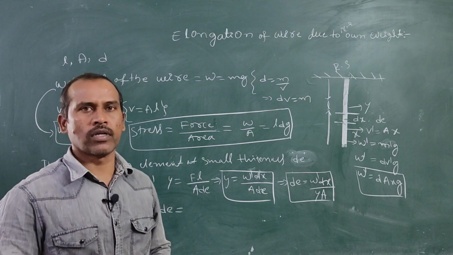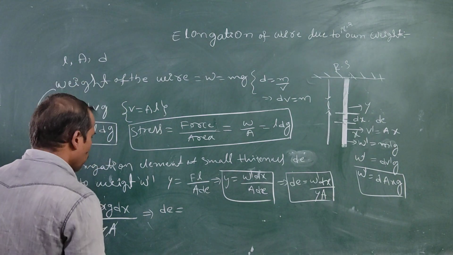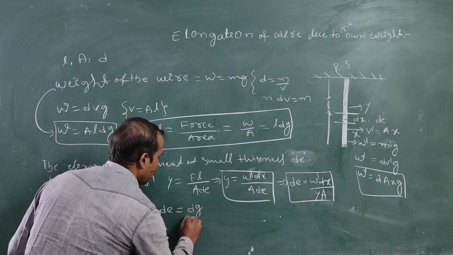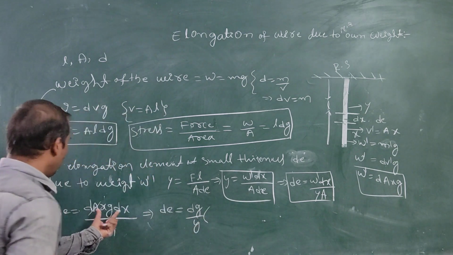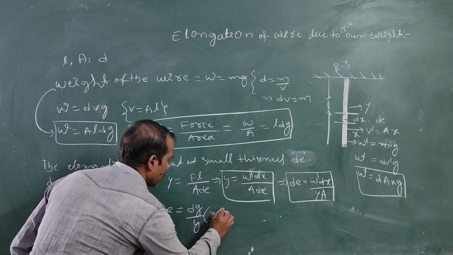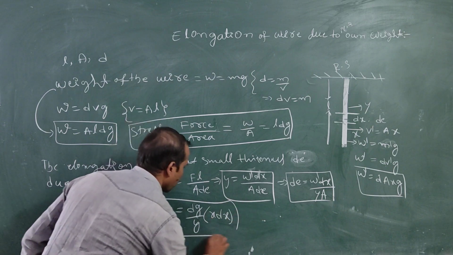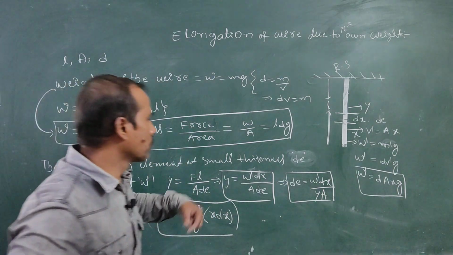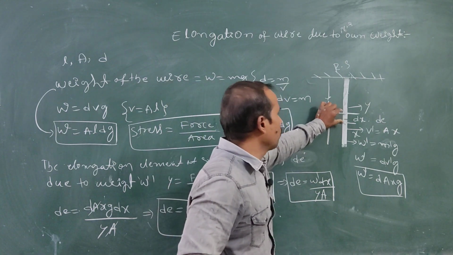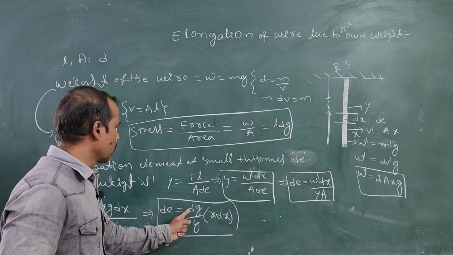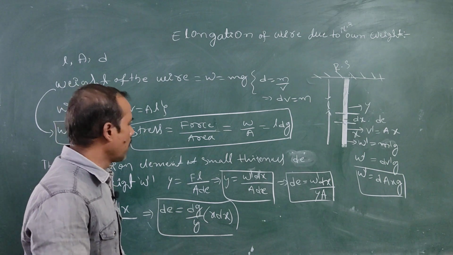These are constants. So dE is equal to d g by Y into x dx. This is the small elongation in the thickness of the dx element.